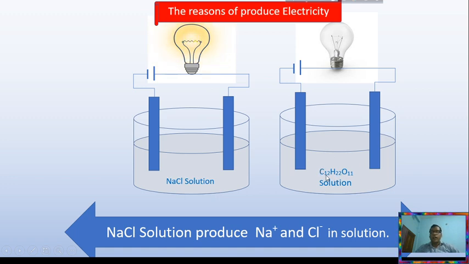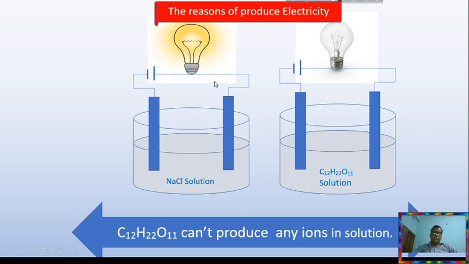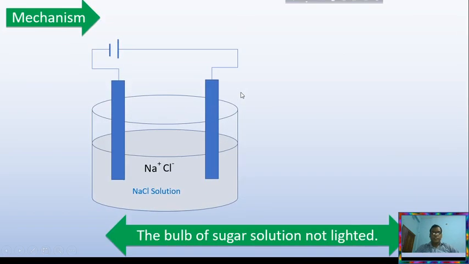That's why this light will be off, not lighted here. Hence, sugar can't produce any ion in solution. So students, the mechanism: sodium will go there and chlorine will go there, and sodium will receive electrons, chlorine will give electrons, and this electron will pass through the wires.